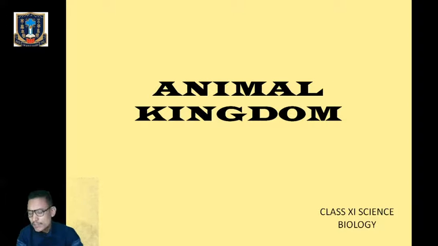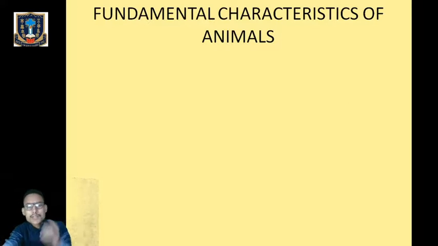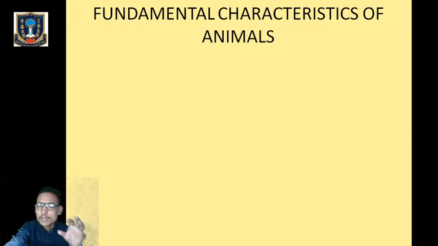In spite of the differences, whatever differences there are in terms of their feeding habit, their structure, behavior, there are certain features which they share in common. So certain characters are similar among them. So what are those characters actually which are similar among the animals? That we are going to learn under the fundamental characteristics of animals. What are those characters which they generally share in common?